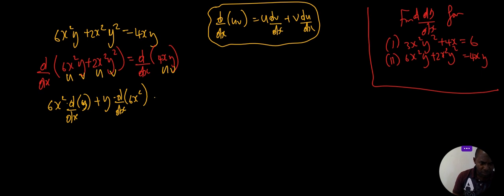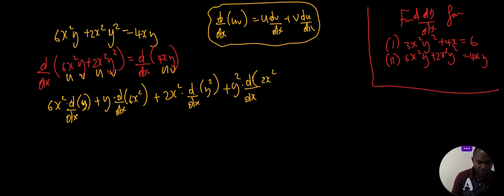So now plus, this part u is taken as 2x squared. So this is plus 2x squared times d by dx of y squared. Then you have plus y squared times d by dx of 2x squared. Right? All of that is just the left hand side.